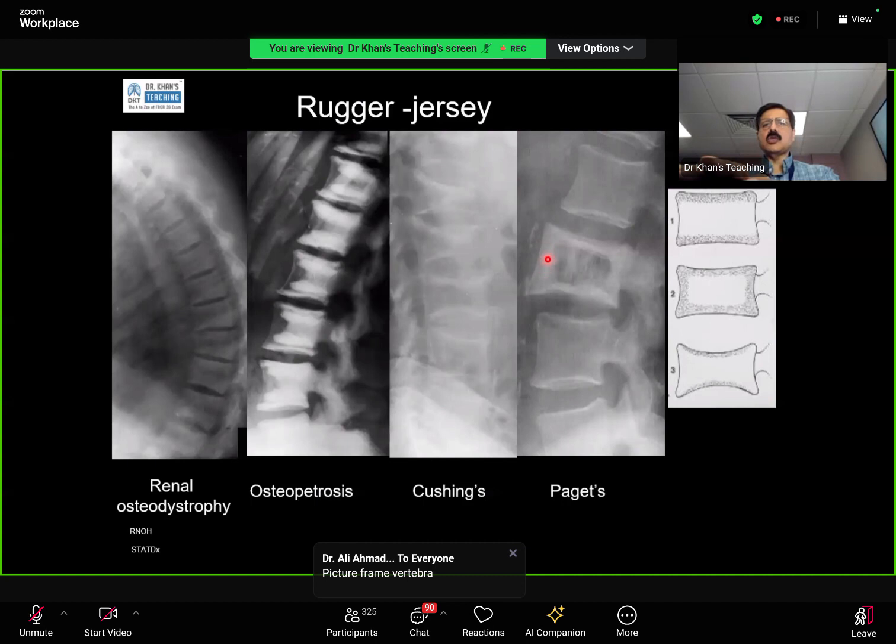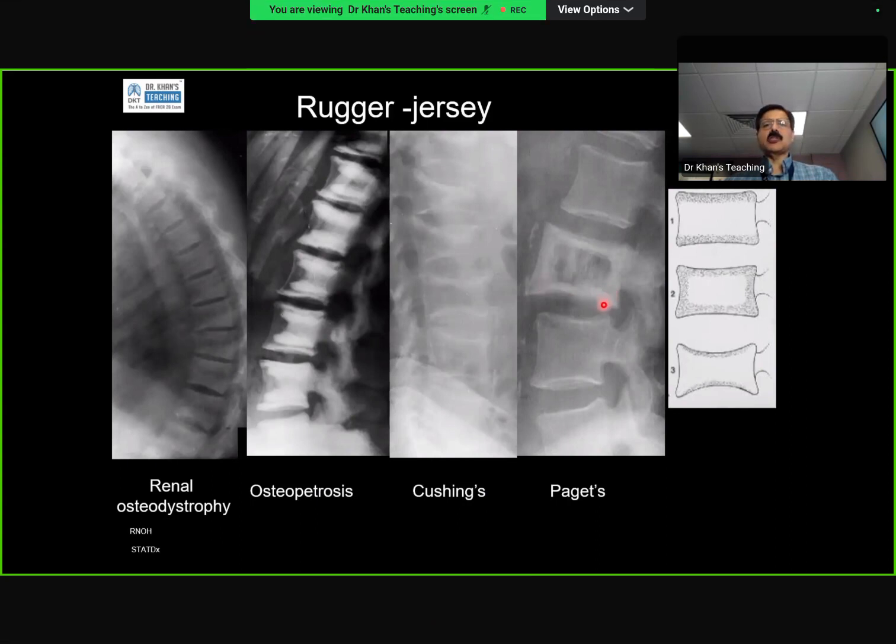If you see, this is sclerosis. There is nothing else in the world which will cause this. There can be sclerosis here and here, but here and here, there is nothing else. This is known as picture frame vertebra, and this is Paget's disease. The size is also increased, and the same disease can extend to the posterior part also.